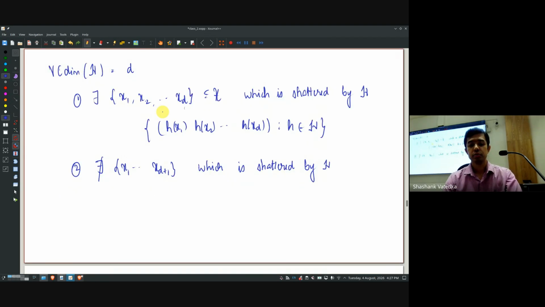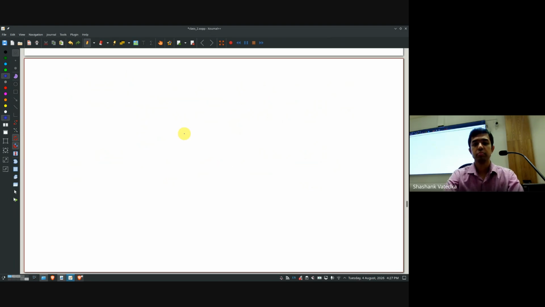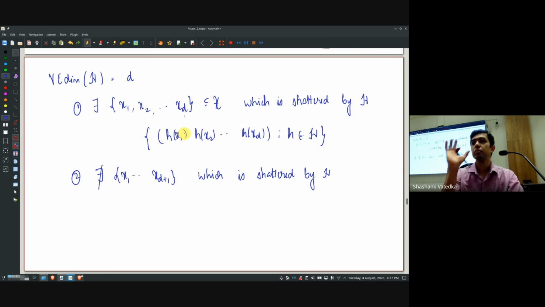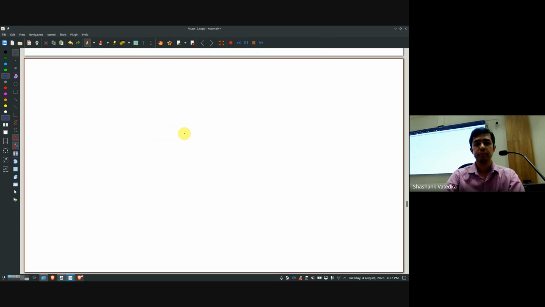So let's go back to the two extreme examples that we've seen so far. In one case, the set of all possible functions. In the second case, finitely many functions. Suppose that the cardinality of X is infinite and H is the set of all functions.